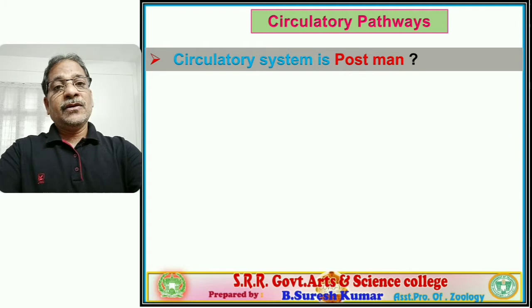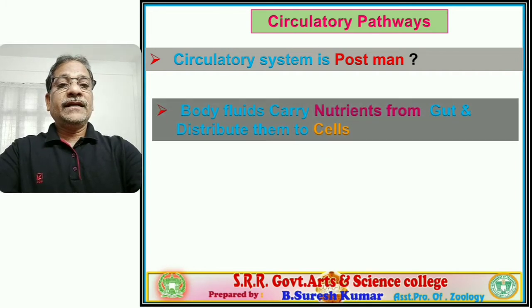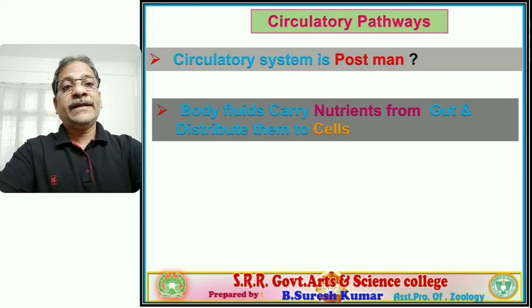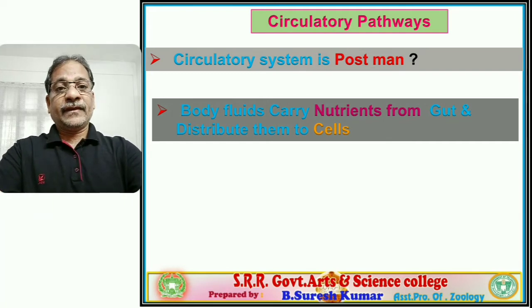Next, the circulatory system is also referred to as postman. Why is it termed postman? Let us see. Body fluids carry nutrients from the gut and distribute them to all kinds of cells present in our body.